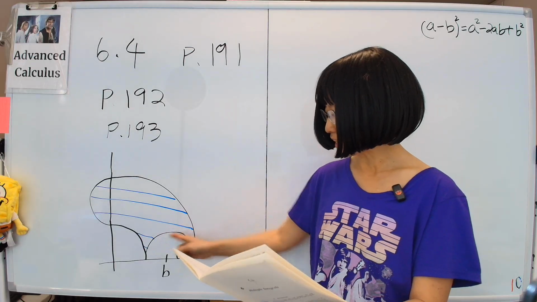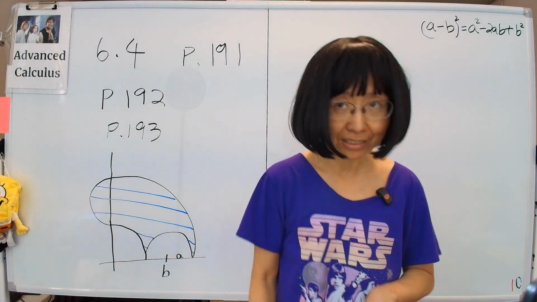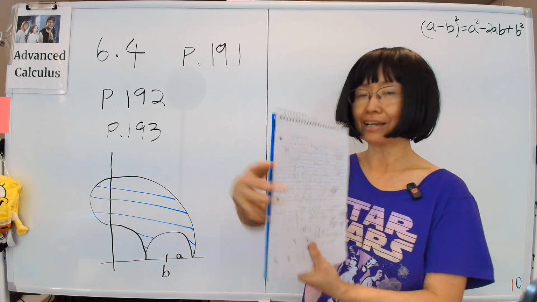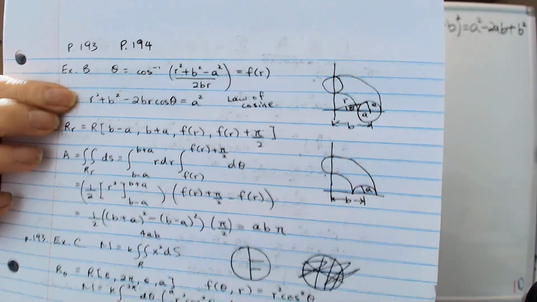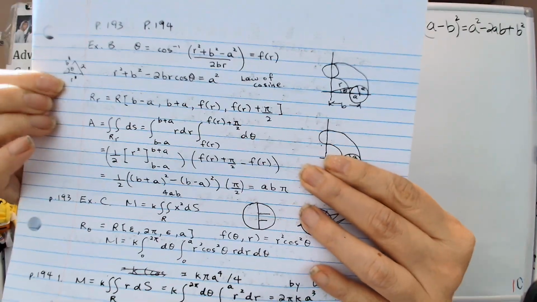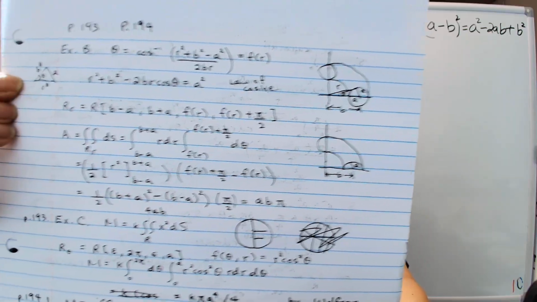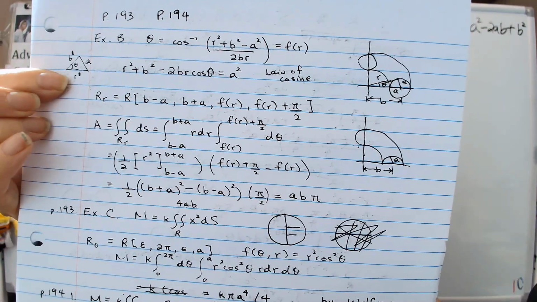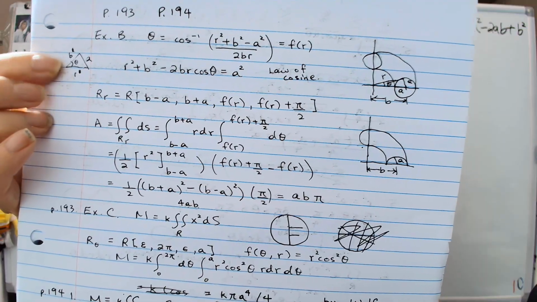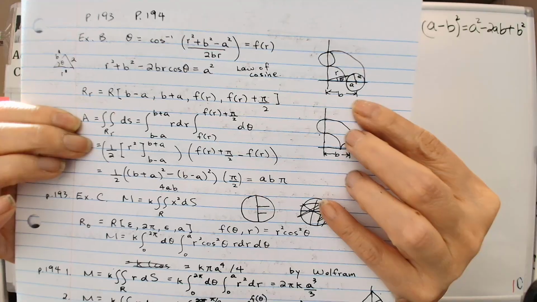That looks complicated until you think about it carefully, and then you realize that it is indeed that. It follows the law of cosines, and here's the explanation.